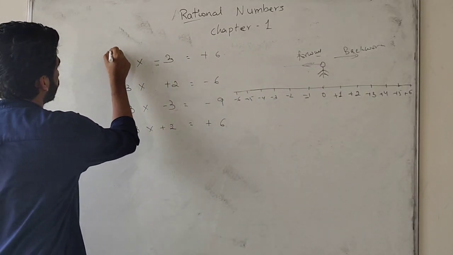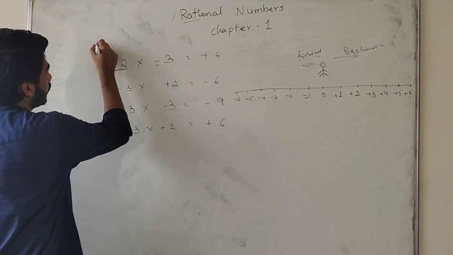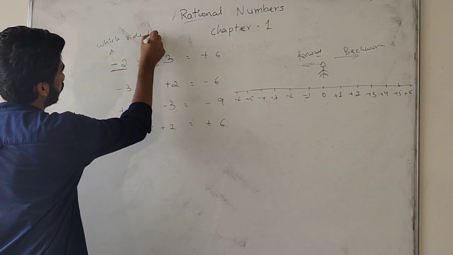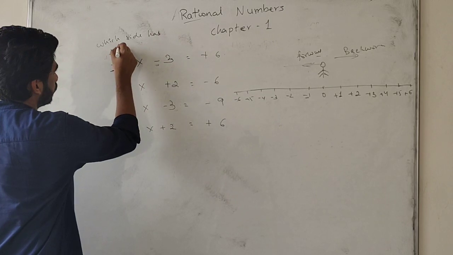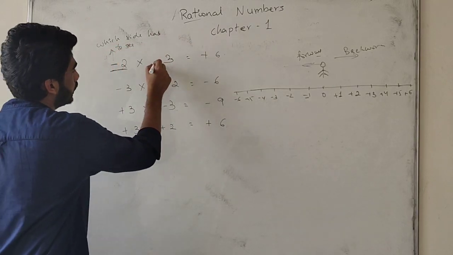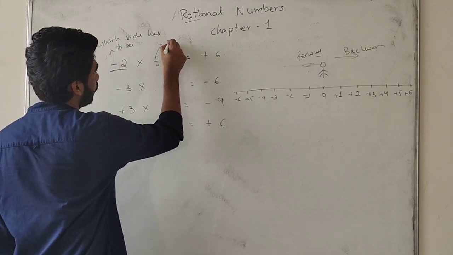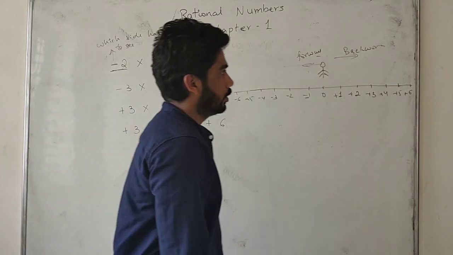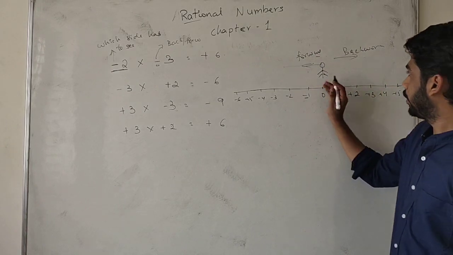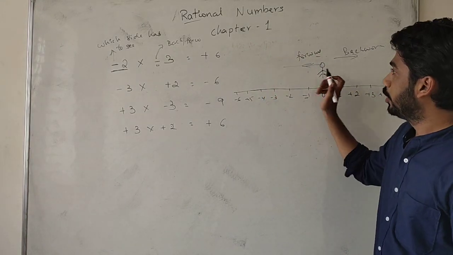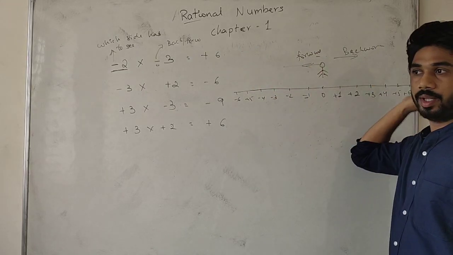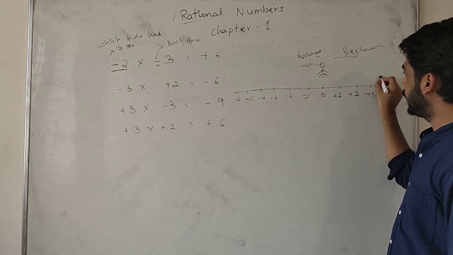The minus sign indicates which side has to be seen, backward or forward. So the first minus sign means we are using this side. So this is the forward and this will be the backward. So he will be taking this direction now.